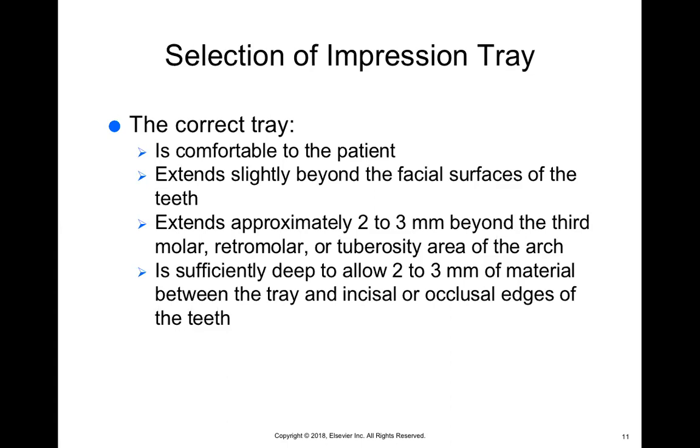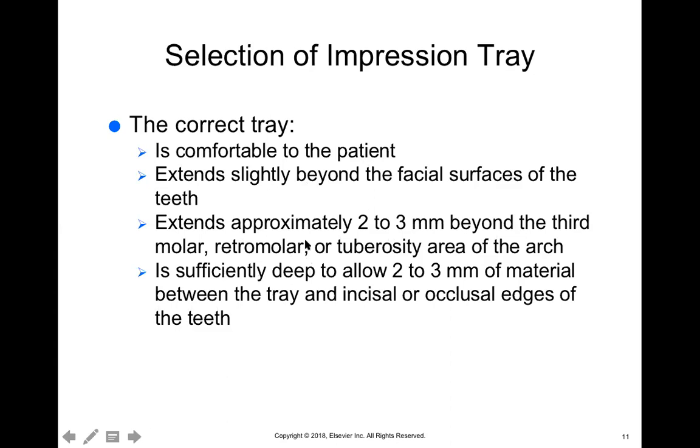When we say retromolar, it really should say retromolar pad or the tuberosity. The retromolar pad is the area of gum tissue behind your third molar, but on the mandible. Okay, so if you've got some paper, write that down.